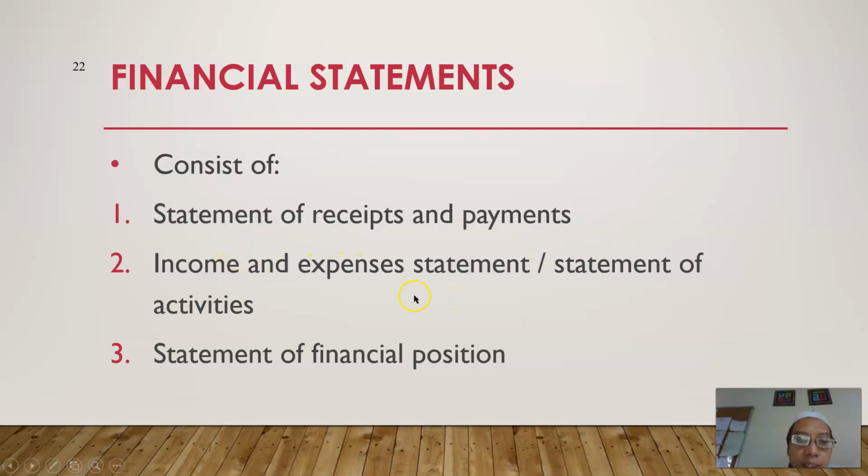Secondly is the income and expenses statement, which may also be more appropriately called the statement of activities, because it is not the aim of the organization to gain income, but their main purpose is to organize activities. Therefore, the statement name is changed to statement of activities, but it shows the same information as the income statement. Finally is the statement of financial position.